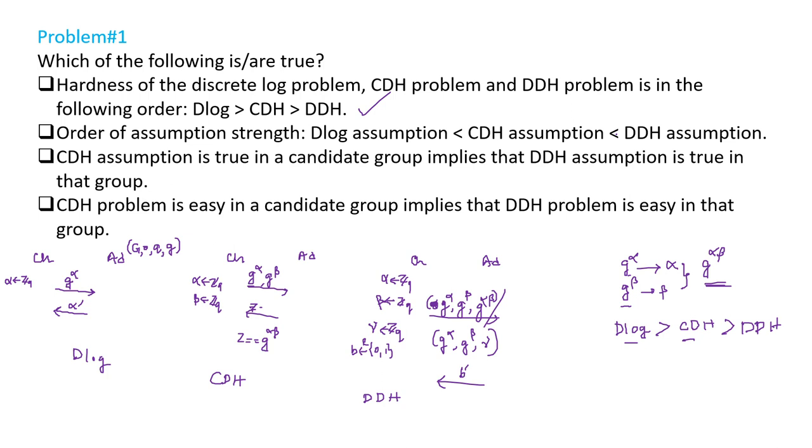But our crypto system relies on the fact that the DDH problem is hard to solve. So we are building our crypto system relying upon the fact that an easier problem is hard to solve, and our assumption then becomes stronger. Ideally, our intention should be to build a crypto system from a weaker assumption, where we do not rely upon the fact that an easy problem is hard to solve.